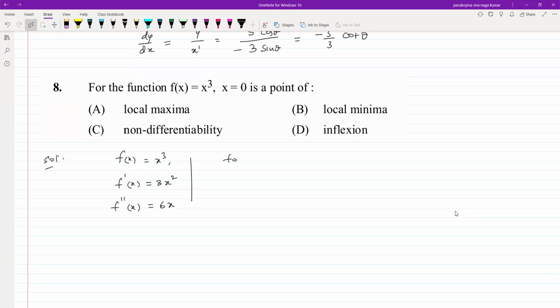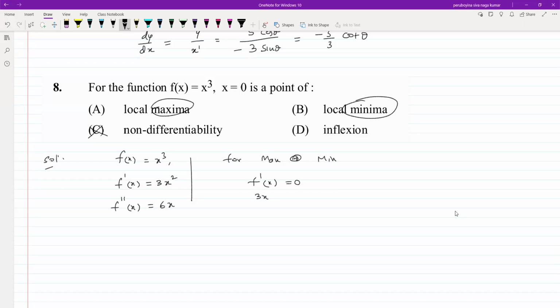And for maxima or minima, because the options contain the word maxima and minima. So what we will do, non-differentiable is wrong. Why? Because we can differentiate this function x cube. No problem with that. We can do derivative. And for maximum or minimum, we will do first derivative 0.